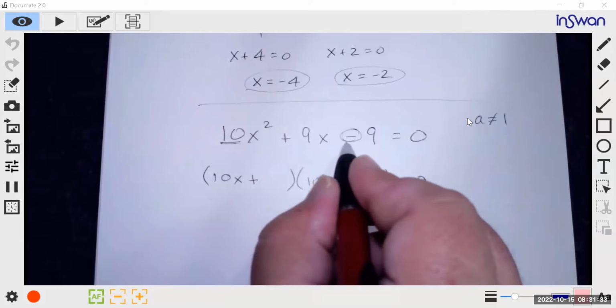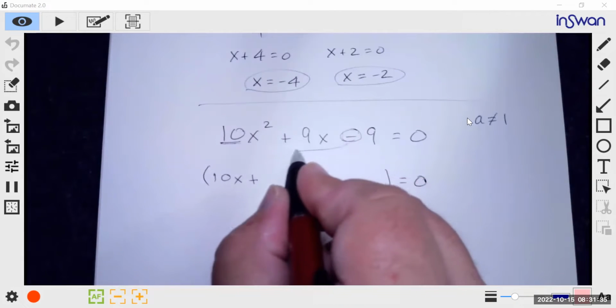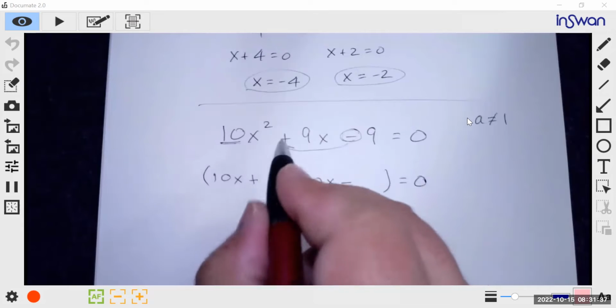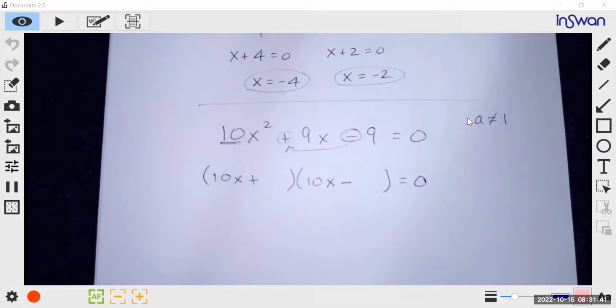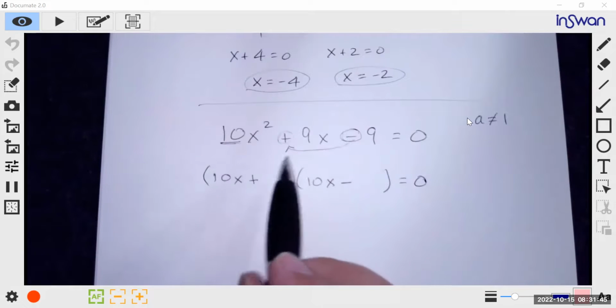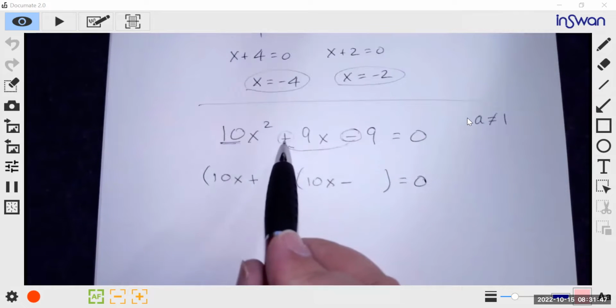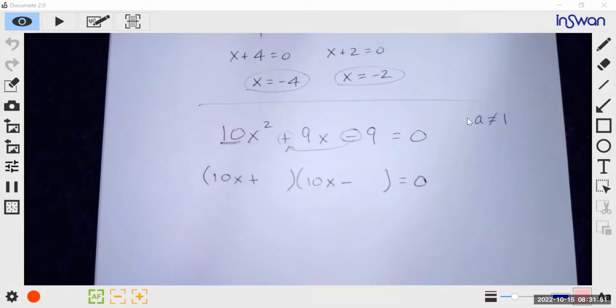And since they're opposite signs, the bigger number gets the first sign. The bigger number, when we factor these things, gets the plus, only because the first sign is a plus. If that was a minus, then the bigger number would get a minus. It's whatever the first sign is.